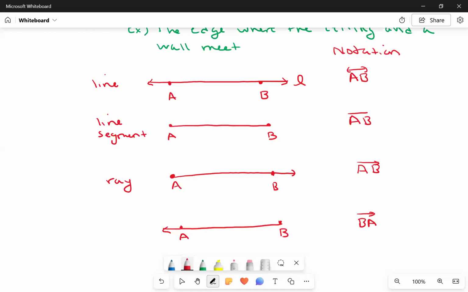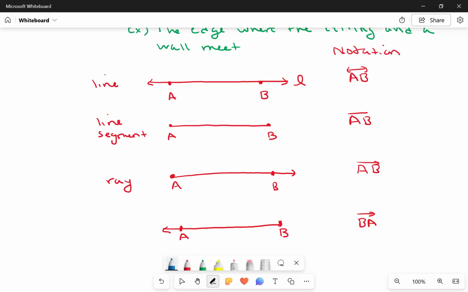And of course, I could have drawn it backwards too, like the picture above, but swapping the B and the A. But that's the idea. The notation I'm going to use is going to indicate that the A is the direction where it's going on forever.